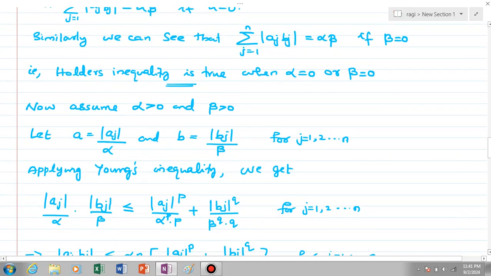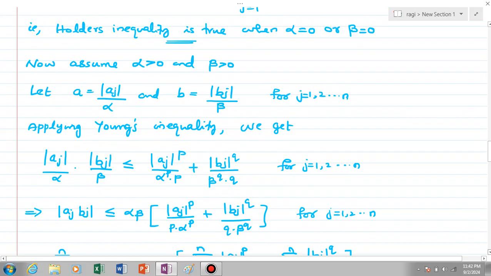Consider in the Young's inequality, let a is equal to mod aj by alpha and b is equal to mod bj by beta for j equal to 1 to n. Applying for each j, a and b as mod aj by alpha and mod bj by beta in the Young's inequality, we can obtain mod aj by alpha into mod bj by beta is less than or equal to mod aj raised to p by alpha raised to p into p plus mod bj raised to q by beta raised to q into q, for j equal to 1 to n.